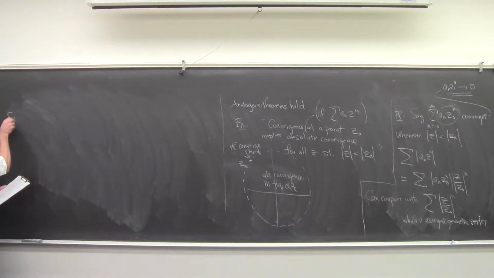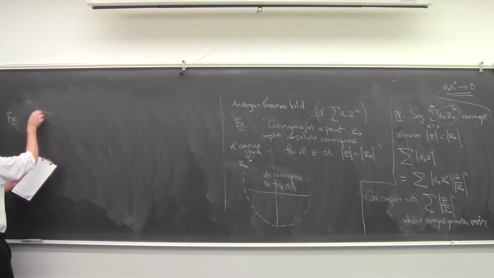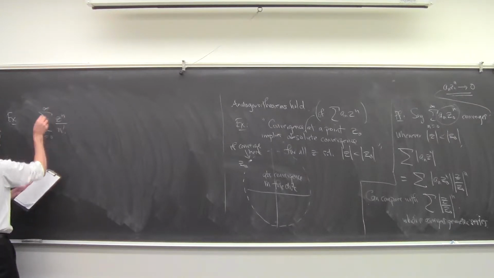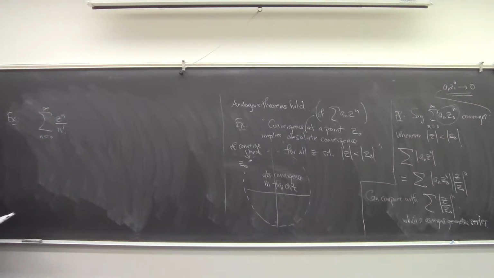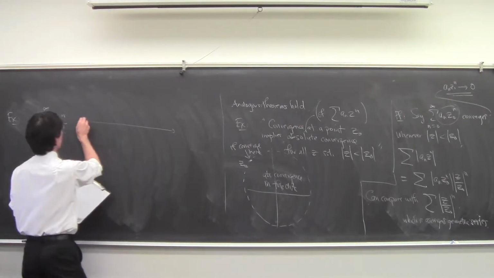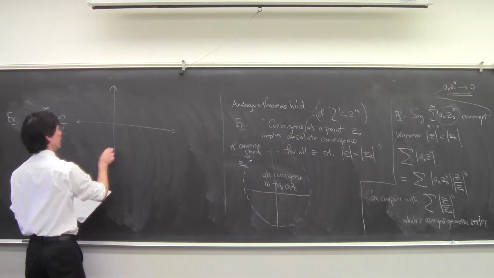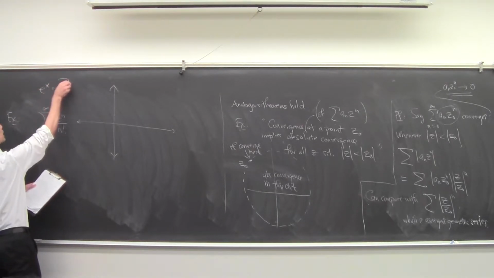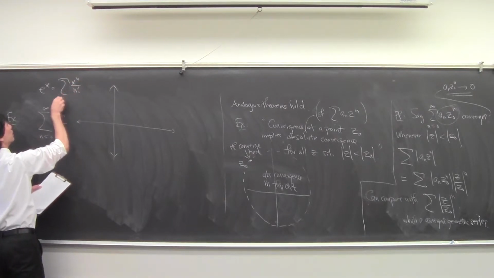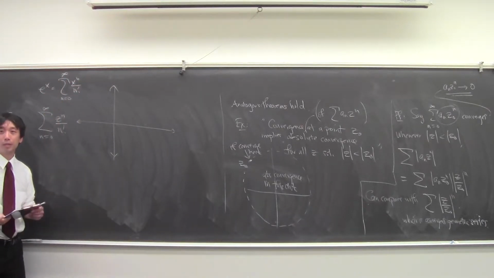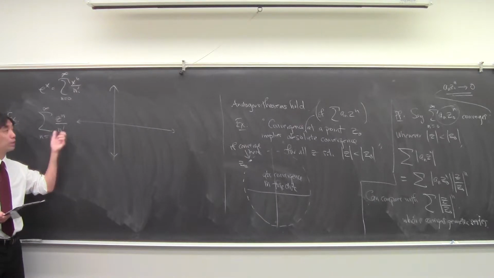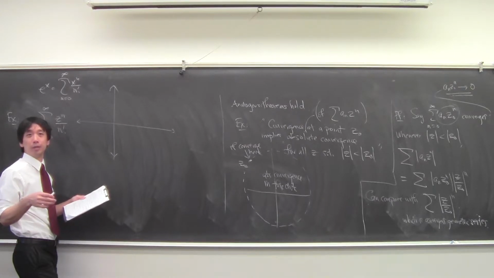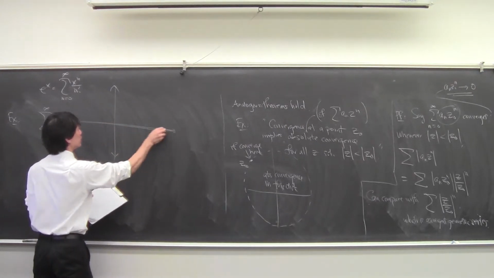So for example, if we look at summation z to the n over n factorial from n equals 0 to infinity, that thing, remember, is the power series for e to the x, which we know converges on the whole real line.